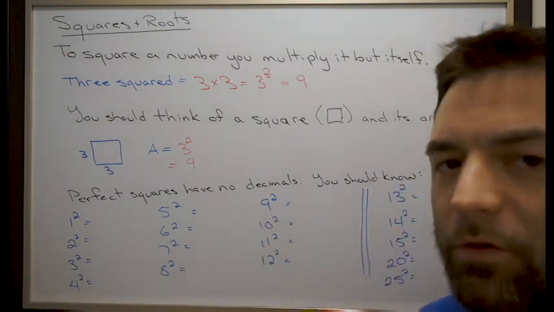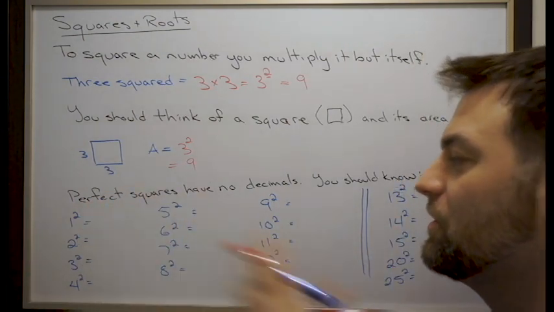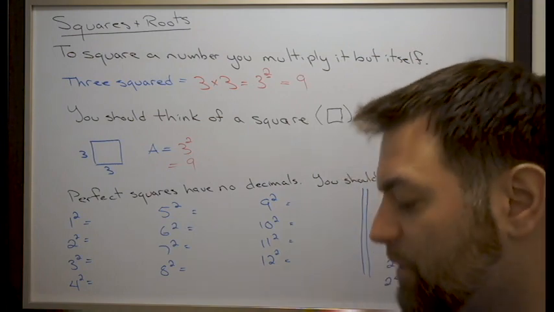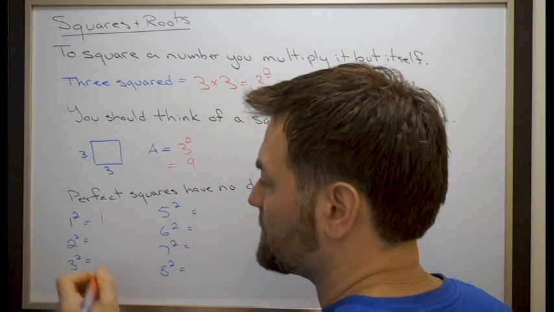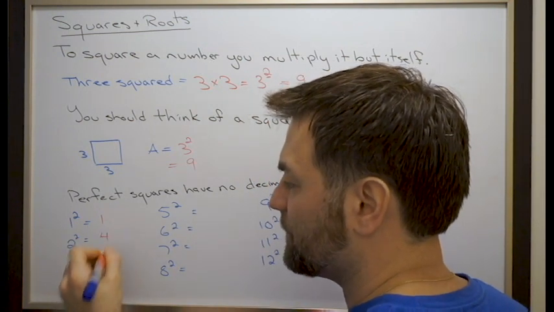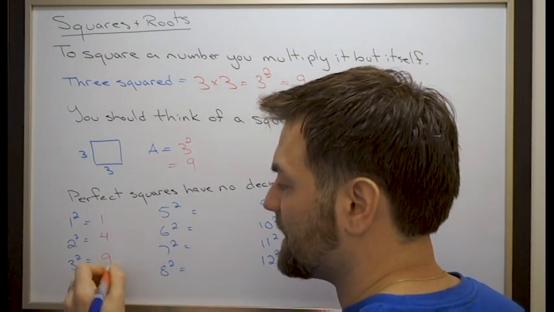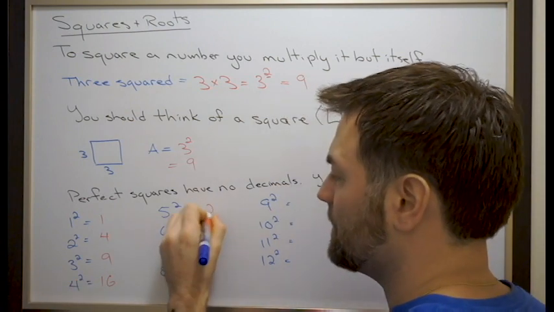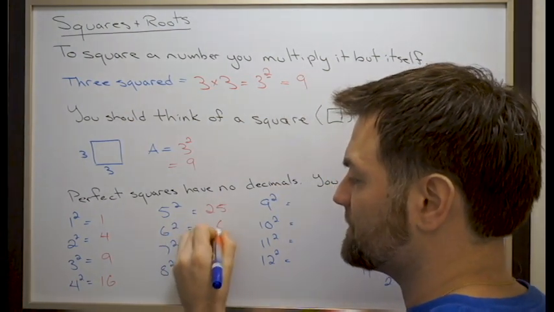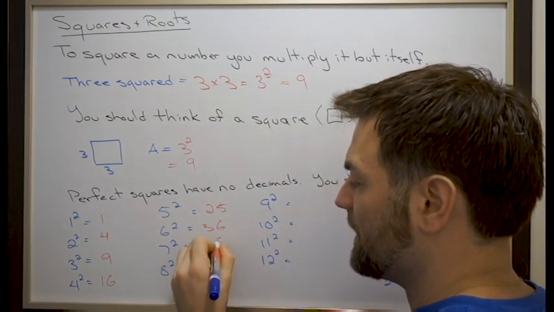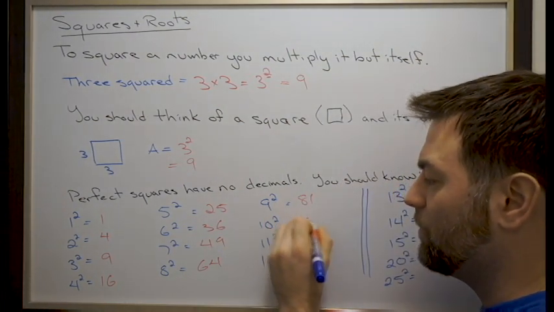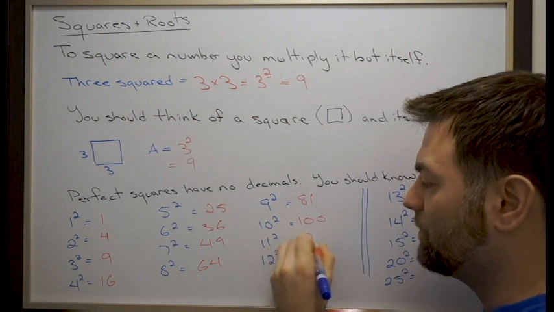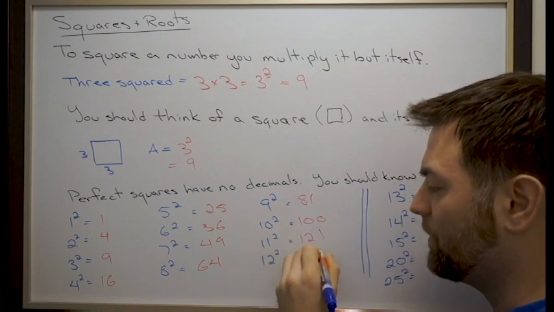Ones you should be familiar with, though, are from our multiplication chart. 1 squared through 12 squared. So when we calculate those, 1 squared is 1, so 1 times 1, 2 times 2 is 4, 3 times 3 is 9, 16, 25, 36, 49, 64, 81, 100, 121, and 144.